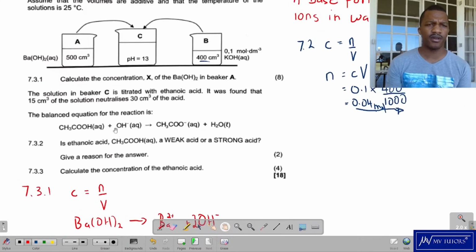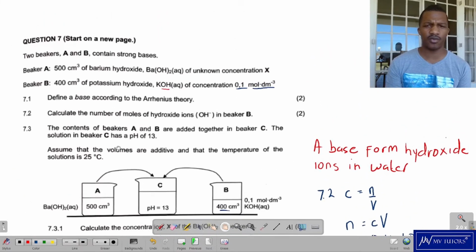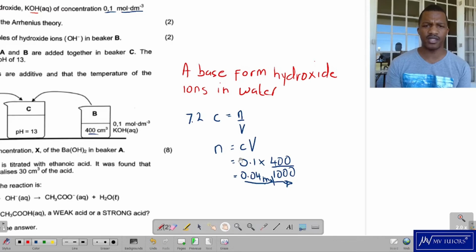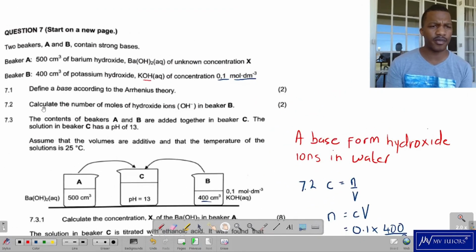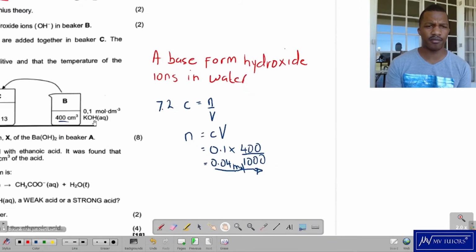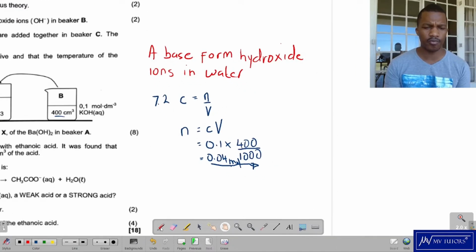I just remembered something here that we forgot in question 7.2. Even though we did this in 7.2, remember it says calculate the number of moles of hydroxide ions in beaker B. Beaker B has potassium and OH, so that means potassium hydroxide is potassium plus OH ions, and the ratio is 1:1.